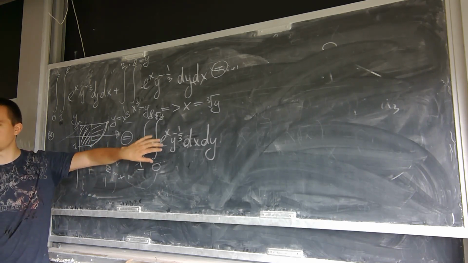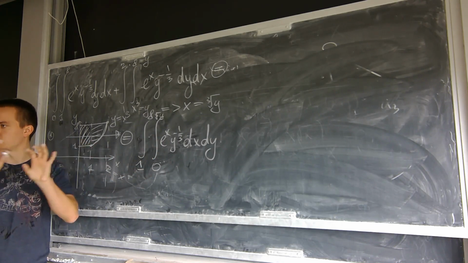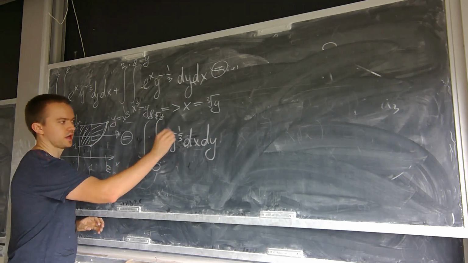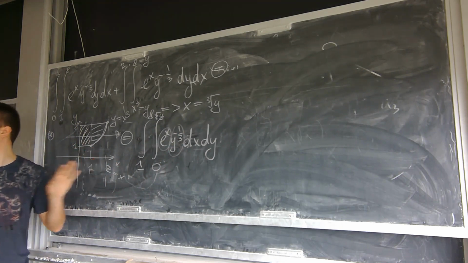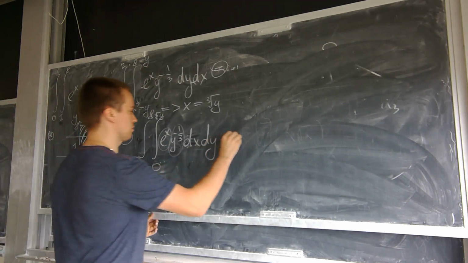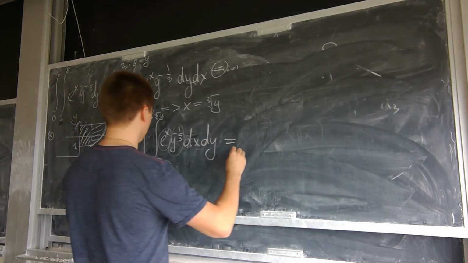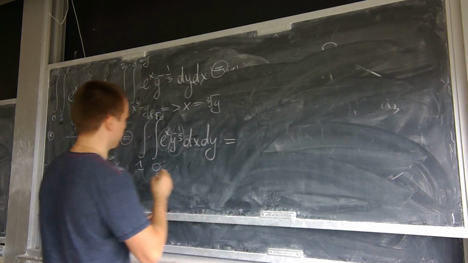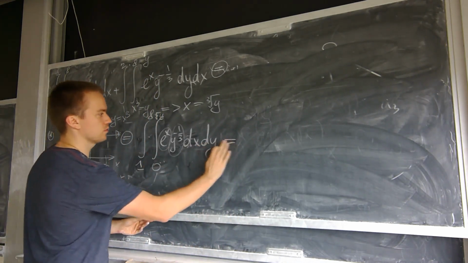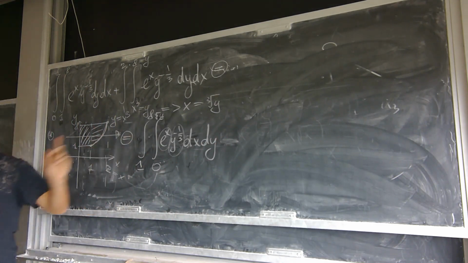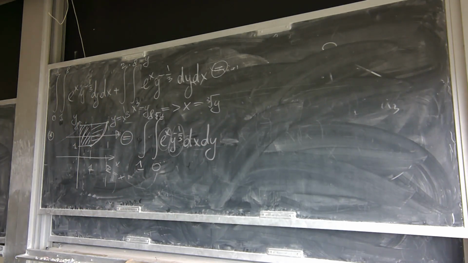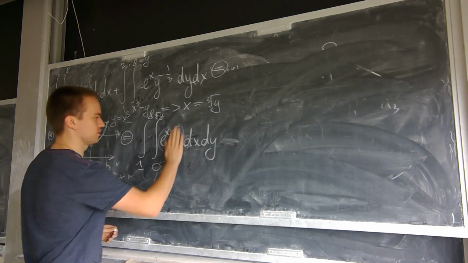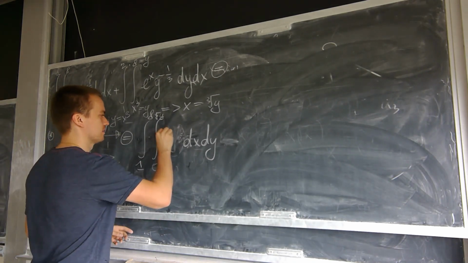But if you remember that your function can be separated into a multiplication of a function in terms of x and a function in terms of y, you can just split your integral. So in this case, what will I get? No, this one we cannot split. Why? The whole exponent is x times y. Yes, it's a whole exponent. Okay, so we cannot split this one.